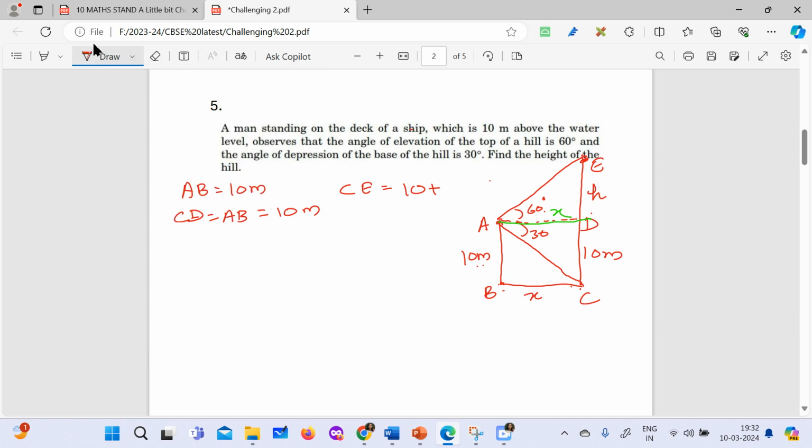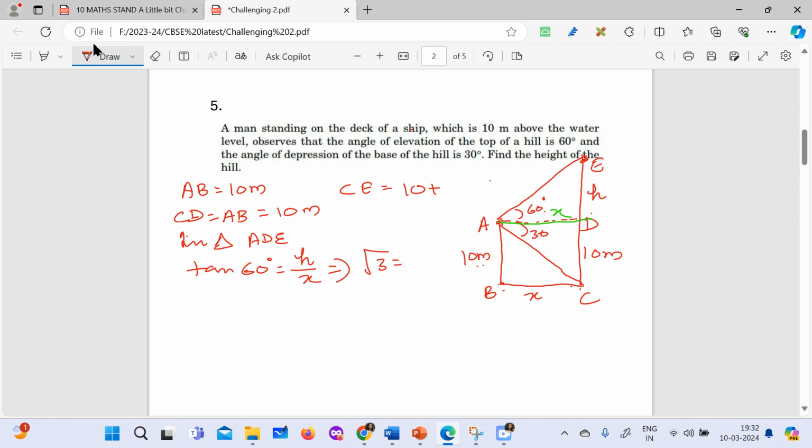So now in triangle ADE, we can write tan 60 degree equals, so tan is opposite upon adjacent, so you will have h over x, and we know that tan 60 degree is root 3.